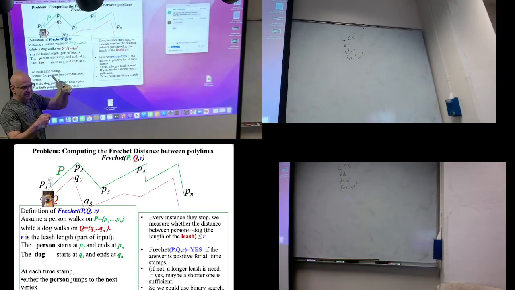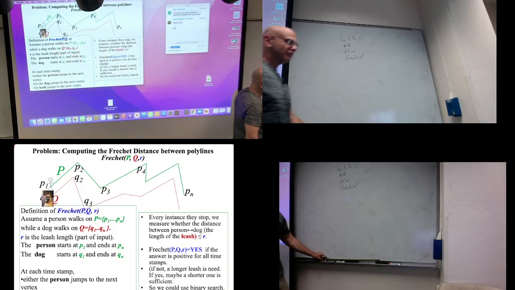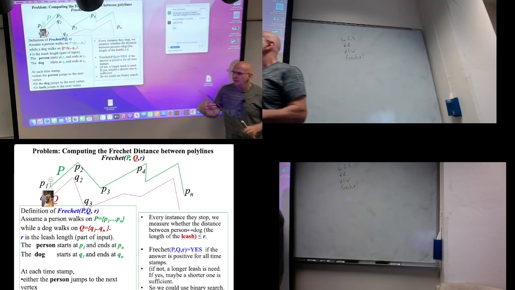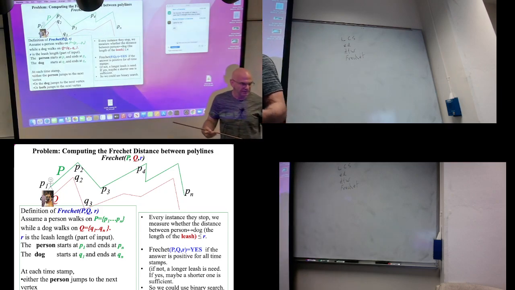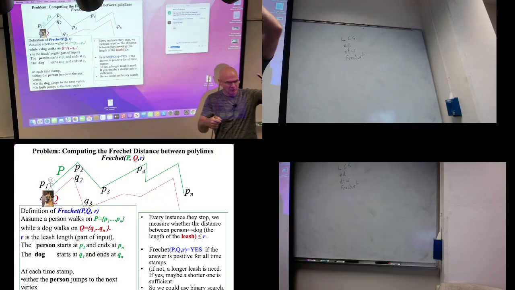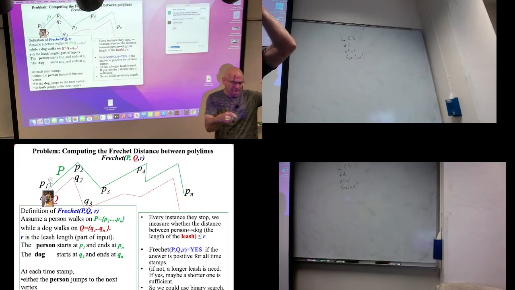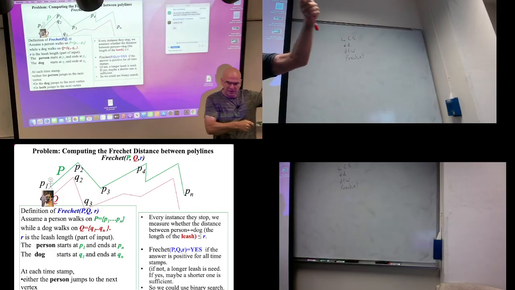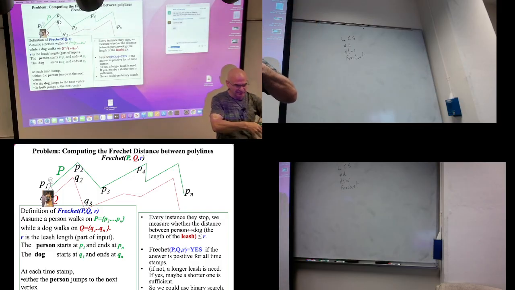We have to ask, can I move both of them in the Frechet problem? Can I move both of them in the optimal way? And what is an optimal way? In dynamic time warping, the optimal way is for them to be as close to each other as possible, so that when I accumulate the distance between them at each time step, I get the smallest sum of the leash.